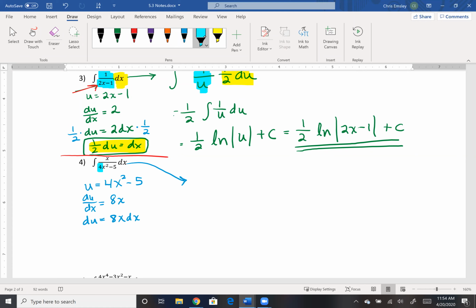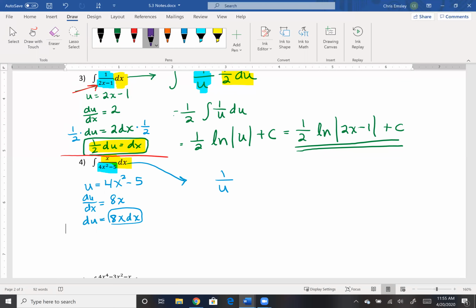Well, what we assigned for u is down there in the denominator. So again, when I plug it in, I need a 1 over u because I need it to stay in the denominator. That 4x squared minus 5 is in the denominator, so my u needs to be in the denominator. What I have left behind is x dx. Well, that's not what I have right here. I have an 8x dx.